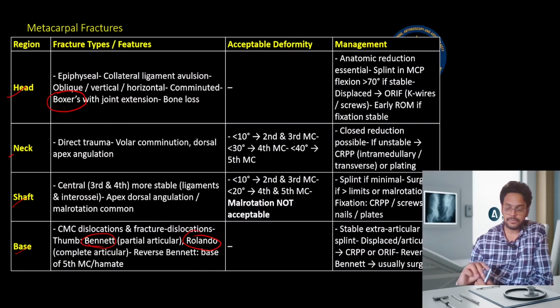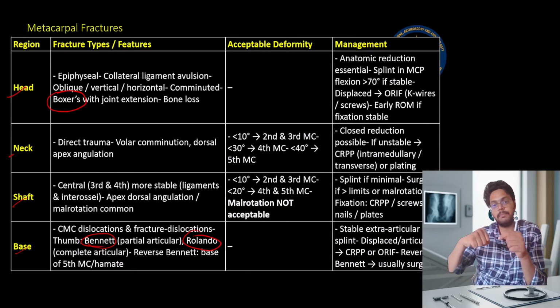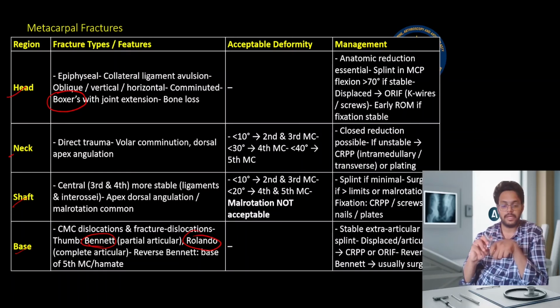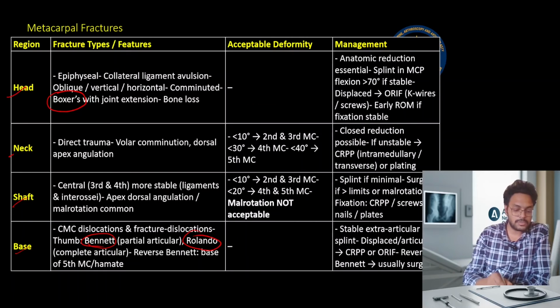The boxers, whenever they give a punch, the direct impact that occurs is at the metacarpal head. So if the metacarpal head gets fractured, then it's a Boxer's fracture and it may extend into the joint.